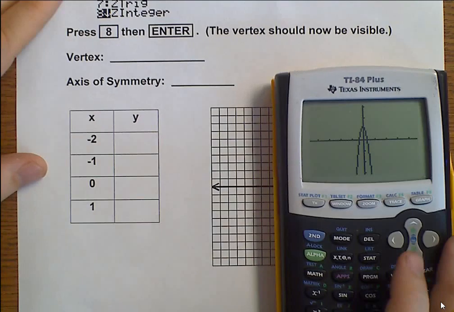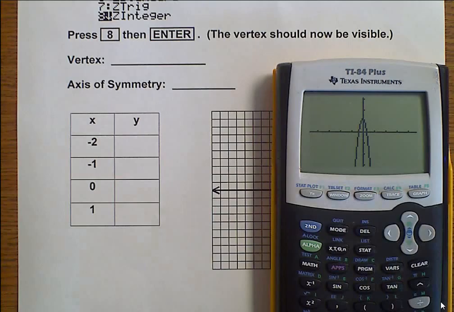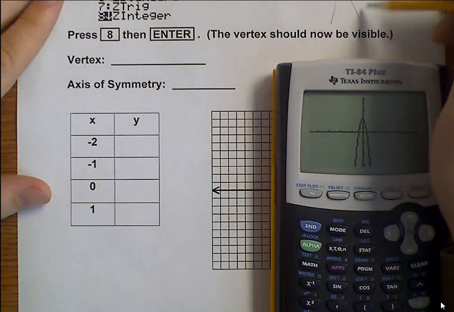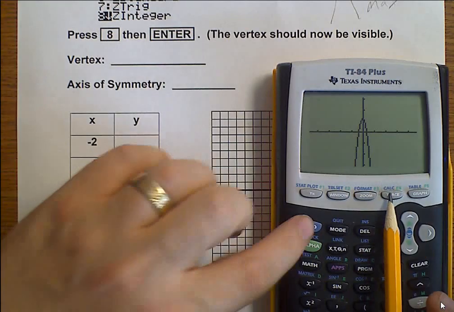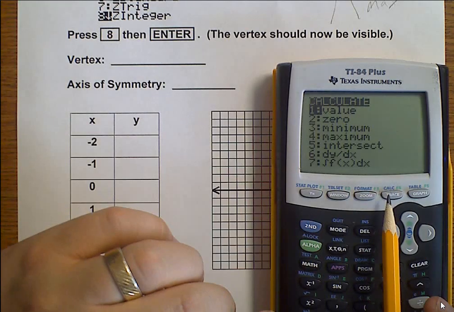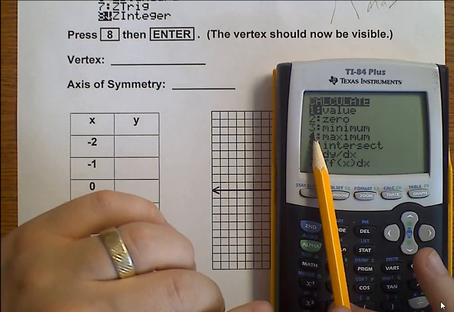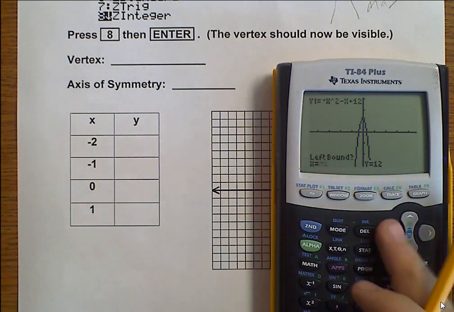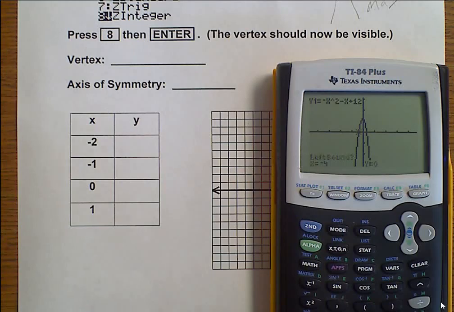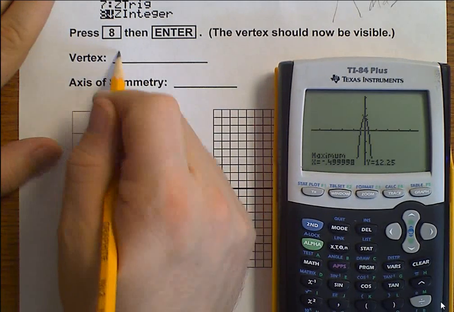Here we've got our vertex. Because this is a maximum, when we go to trace, second, calculate, instead of doing 3, we're going to go to number 4 for the maximum. We want a left bound. We want a right bound. We don't want to guess. And it says negative 4.9 repeating. We're going to call that negative 0.5.